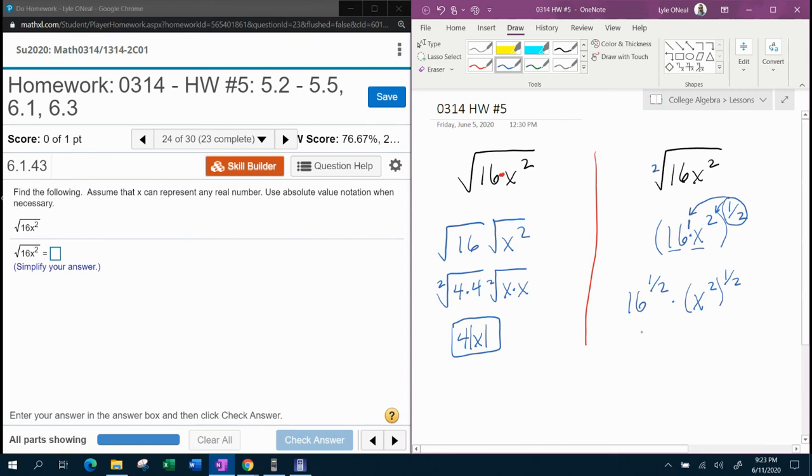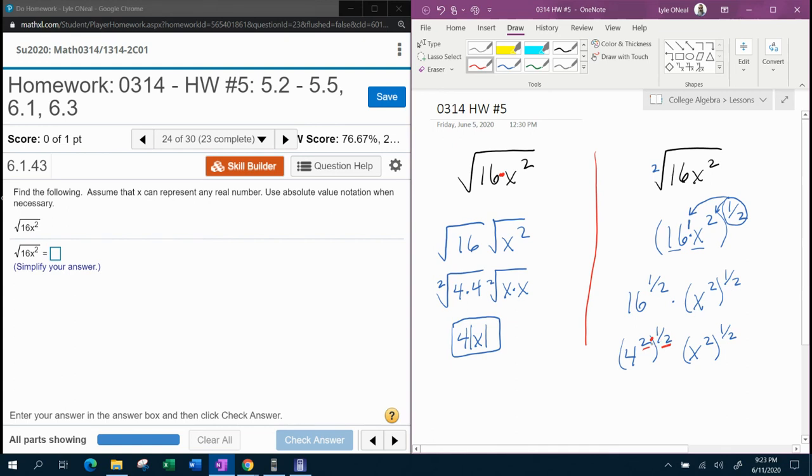And if we rewrite 16 as 4 squared to the 1/2, because 4 squared is 16, we can now see that we have an exponent raised to an exponent. And again, using the properties of exponents, when you have an exponent raised to another exponent, the exponents multiply.